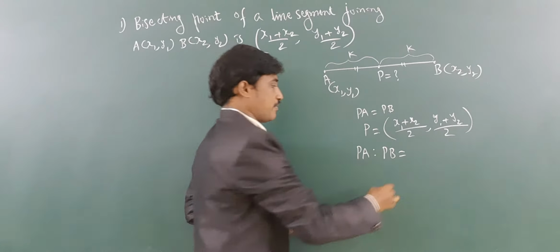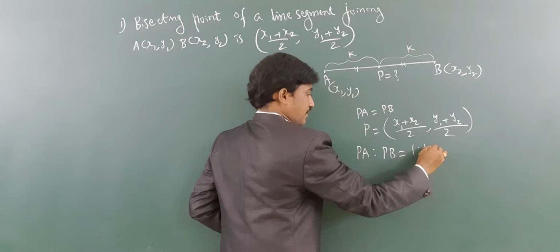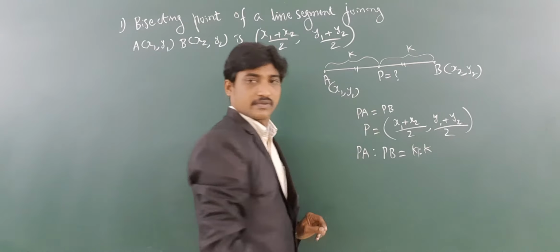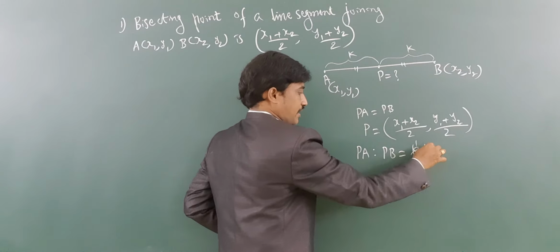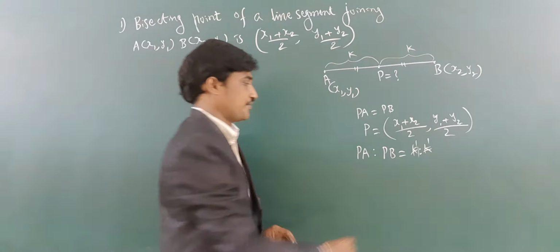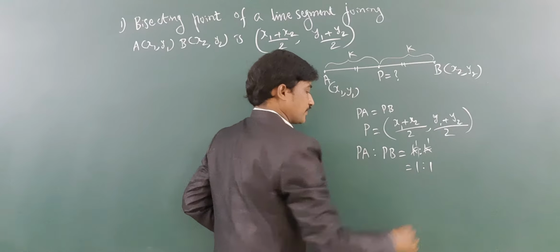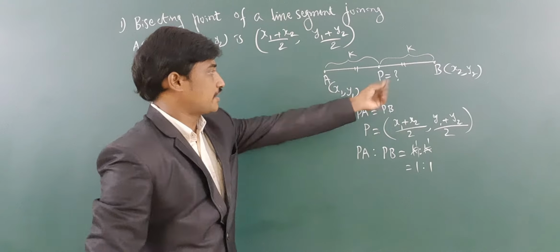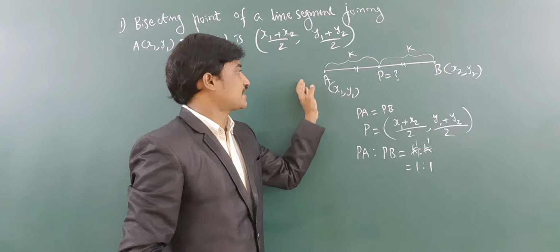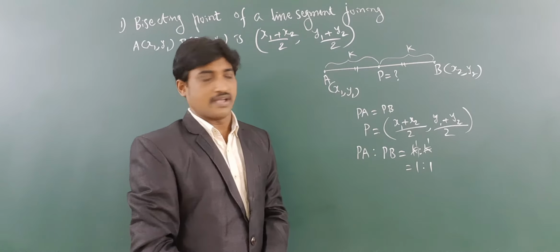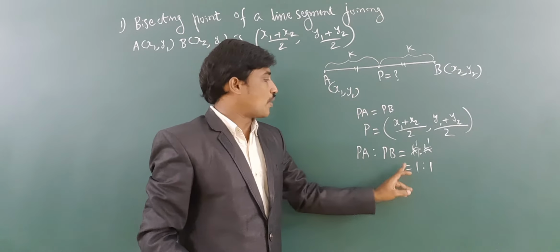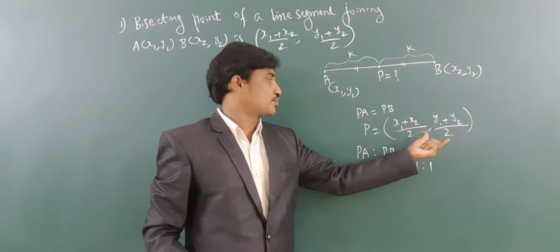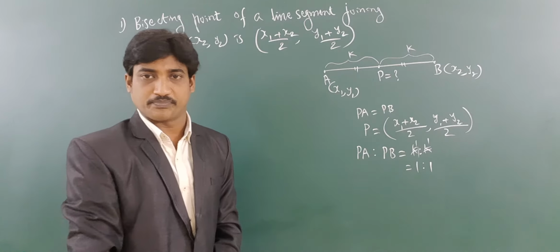Then PA is to PB is K is to K. K in K one time, K in K one time. That is 1:1. PA is to PB is 1:1. The point P, which divides the line segment AB in the ratio 1:1, is ((x1 + x2)/2, (y1 + y2)/2).